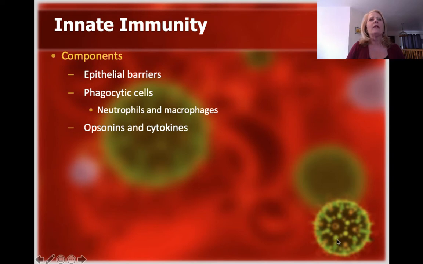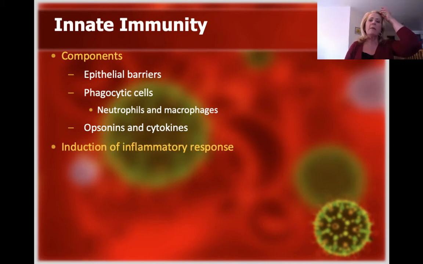Then you also have things like cytokines, which would be like interferon and interleukin, and their major use in the body is to actually start the process of the more specific immune response. And so they're going to be very helpful in calling up the helper T cells.